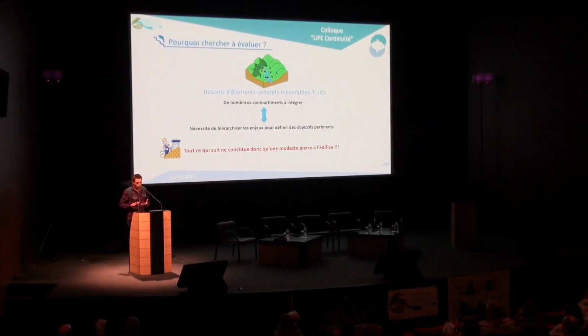So it's a sort of iterative circle because we get some data which will help us prioritize future actions, and future actions will help us define future objectives, and help us find out whether they are achievable. And this is my introduction.